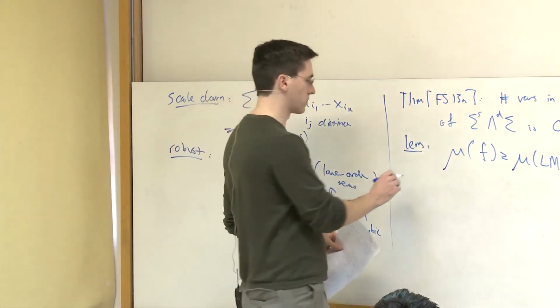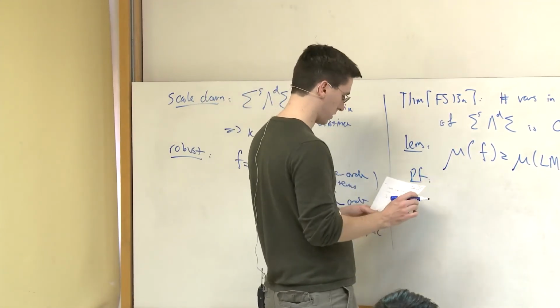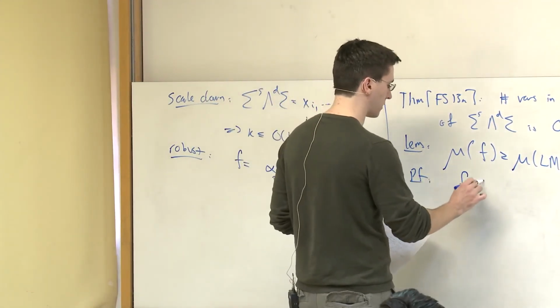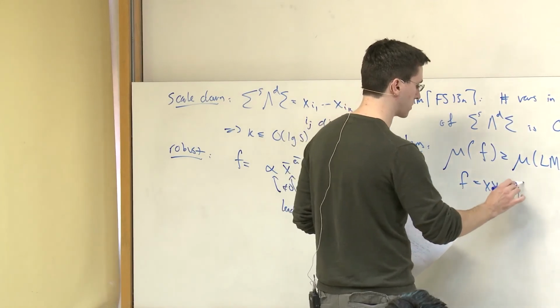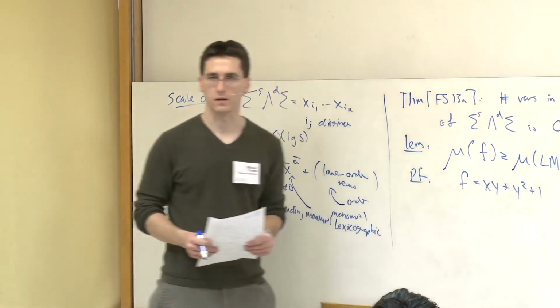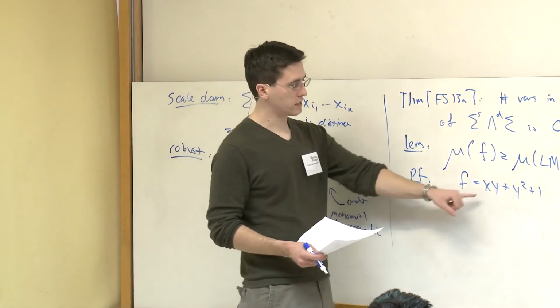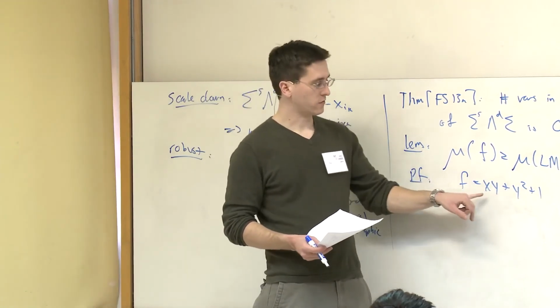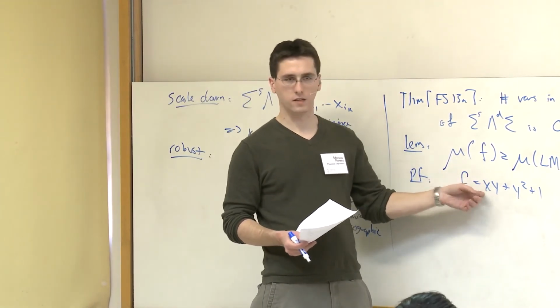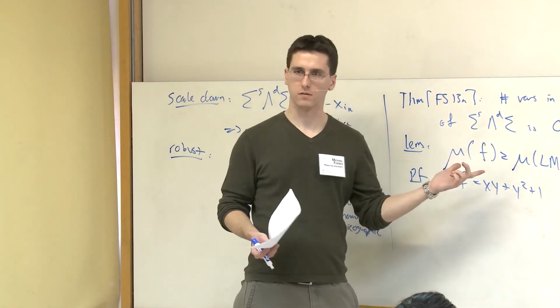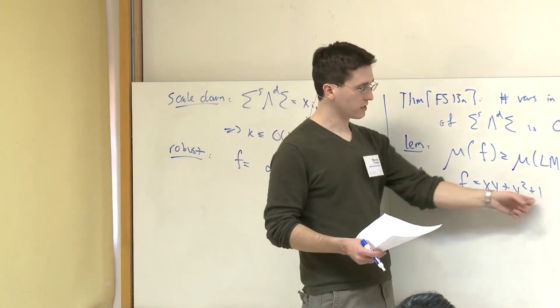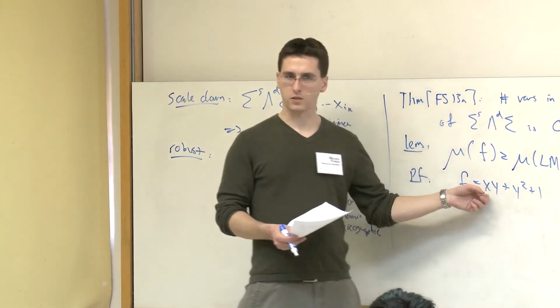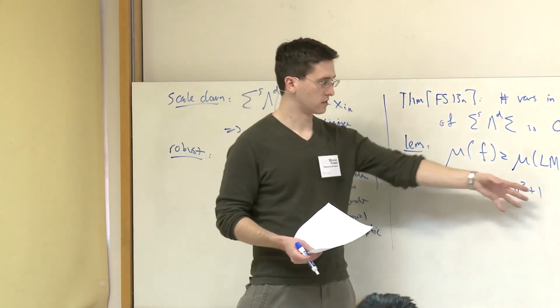What is the proof of this? I'm just going to do it by a sketch. Suppose that f is xy plus y squared plus 1. What is the leading monomial here? I want to say that xy is the leading monomial because I'm defining x to be the first variable and y to be the second.